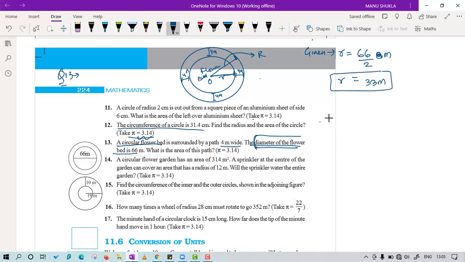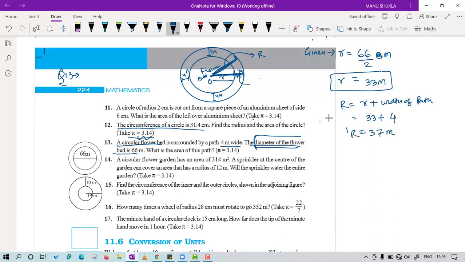Now, if it is given to you that the width of path is 4 meter and the inner radius is 33, can you tell what is this complete length? They are the same thing. We can say the outside circle radius is given by inside circle radius plus the width of path, that is 33 plus 4, 37 meters.